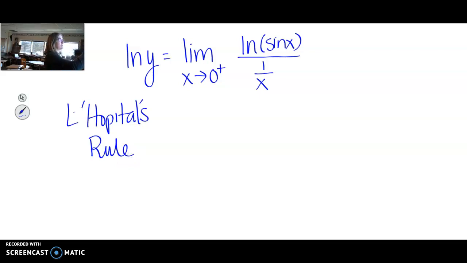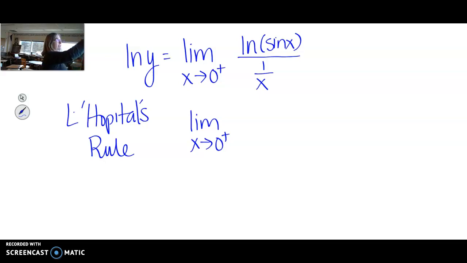All right, so L'Hopital's rule: what we do is we take the derivative of the top, we take the derivative of the bottom. We're not doing the quotient rule. L'Hopital's rule says that if you're finding a limit and you get 0 over 0, or plus or minus infinity over infinity, you take the derivative of the top and the derivative of the bottom and then reevaluate the limit.